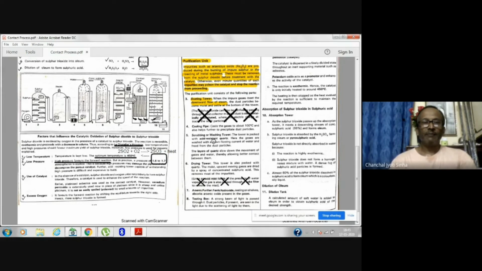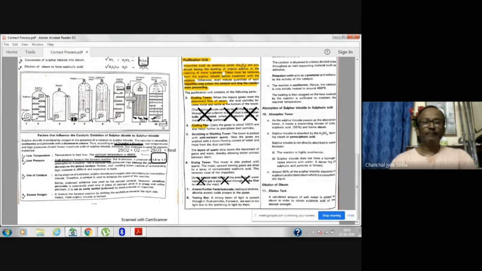Then the gas mixture is passed through cooling pipes. Number 4, cooling pipes, cools the gases to about 100 degrees centigrade and also helps to precipitate dust particles. Chamber 5, it is the scrubbing tower.